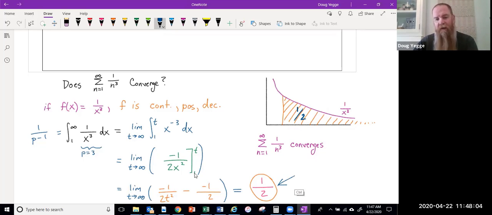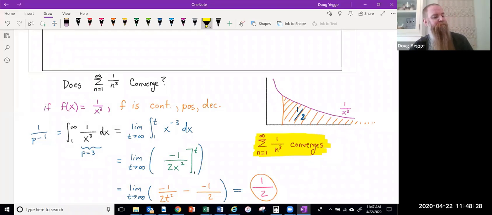That's not coincidental. That's always going to be true. But notice that we are not saying that the series converges to 1 over p minus 1. We're saying only that the series converges. Okay, so that's all we could say. What does it converge to? I don't know. But we don't need to know. All we need to know is that it converges. Everybody all right with that?